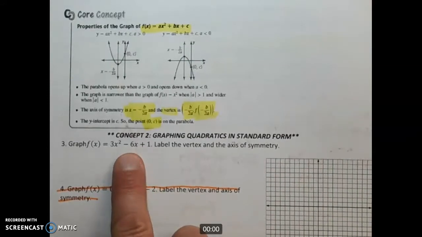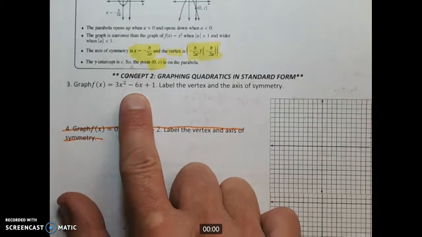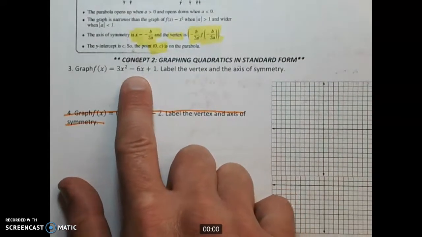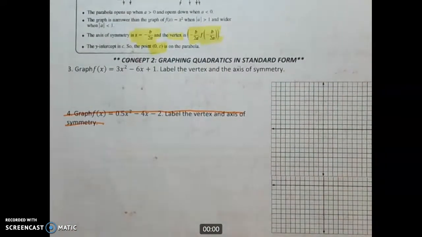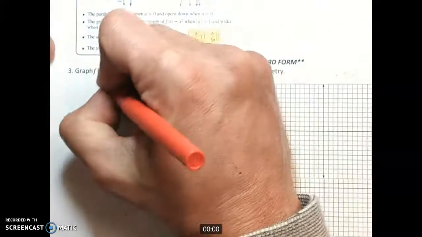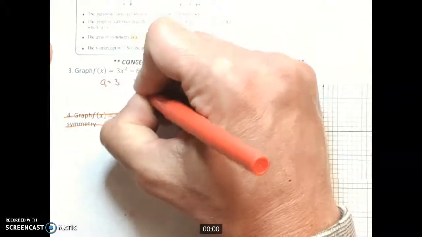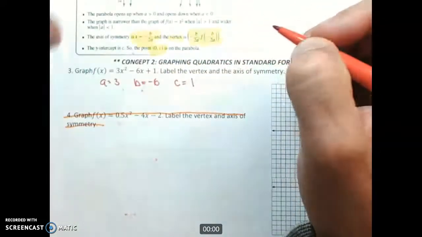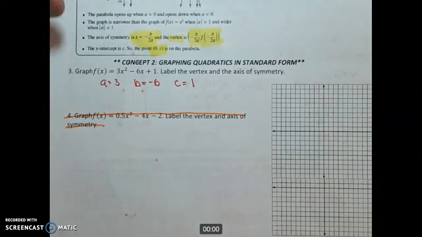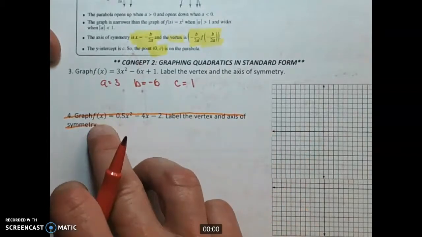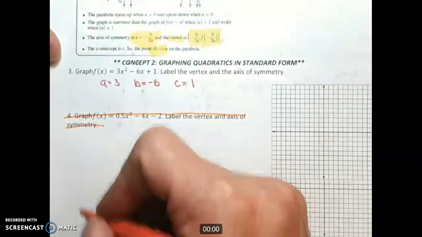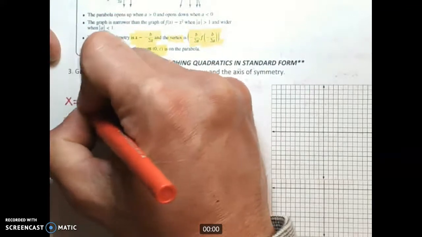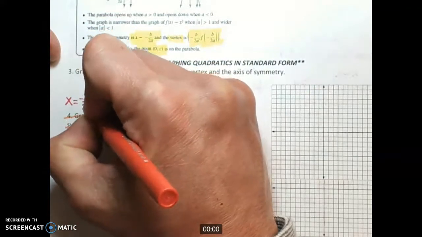Okay, so you can see this is in standard form here. A is 3, b is negative 6, and c is 1. I'll just do it on top. x equals negative b over 2 times a is where I start.